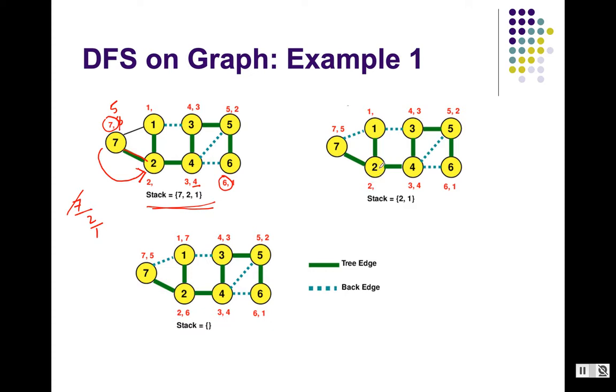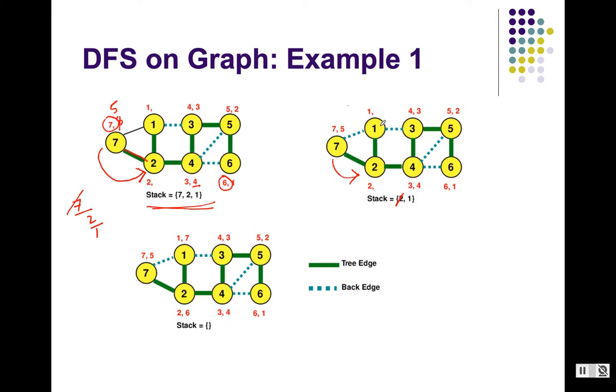Now from 7 to 2, we look whether there is any unexplored node, but there is none, so we pop node 2.